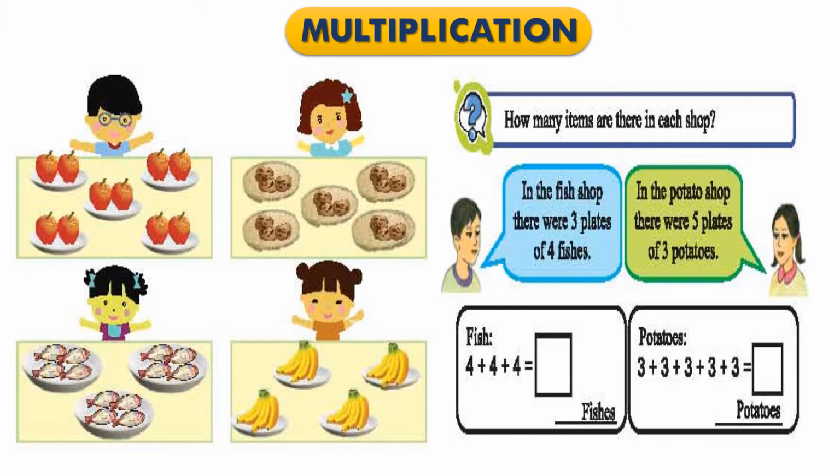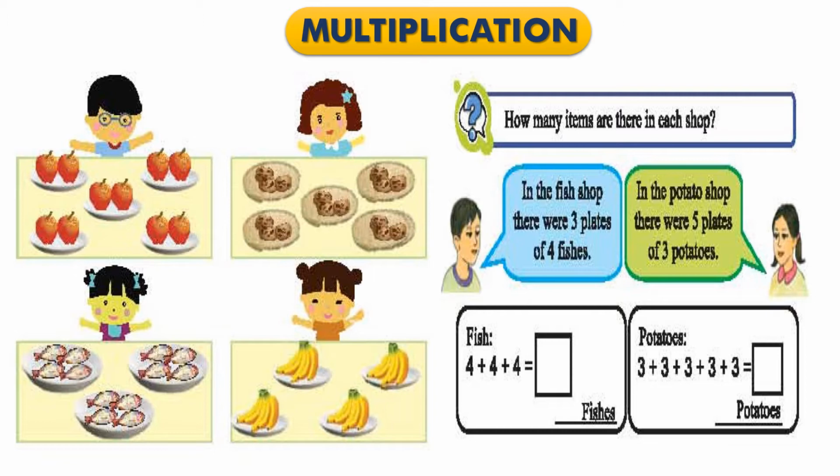That means if you look into the plate where the fish are available, you can see there are 3 plates, and on every plate there are 4 fishes. And the girl says in the potato shop there were 5 plates of 3 potatoes. That means every plate consists of 3 potatoes, and the total number of plates is 5.